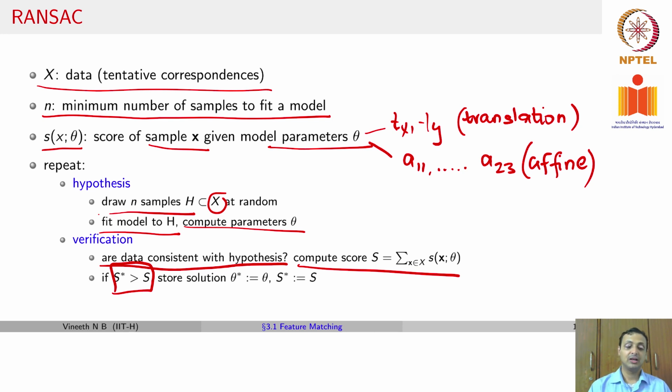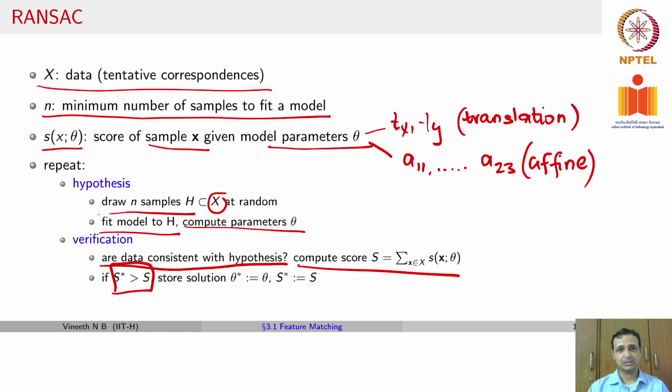So in this case, let's take an affine transformation which has 6 free parameters. So you need about 3 sets of correspondences to be able to get a good match between these two. So you draw 3 pairs of correspondences, the best correspondences that you have.